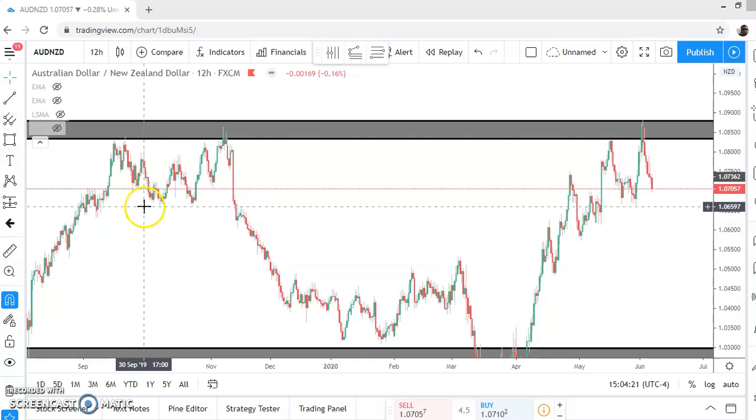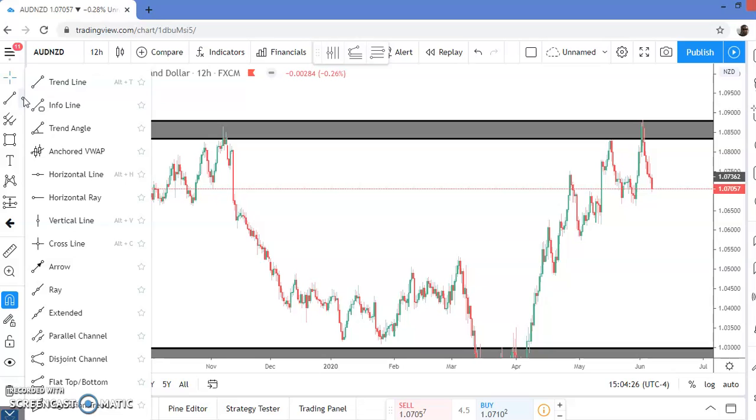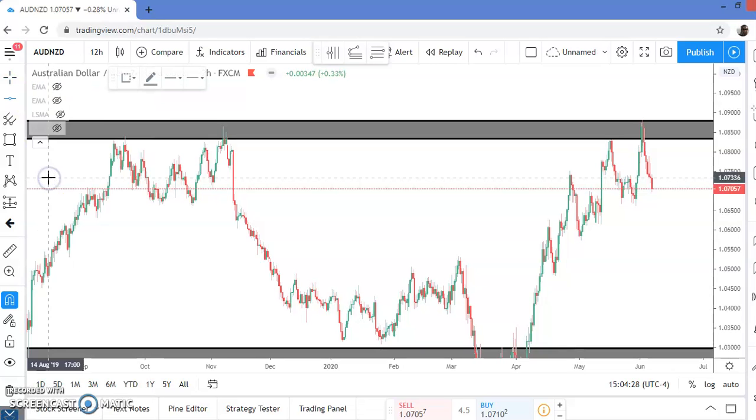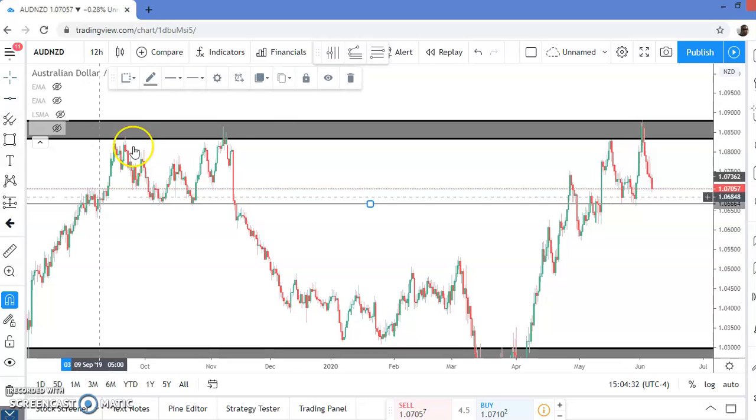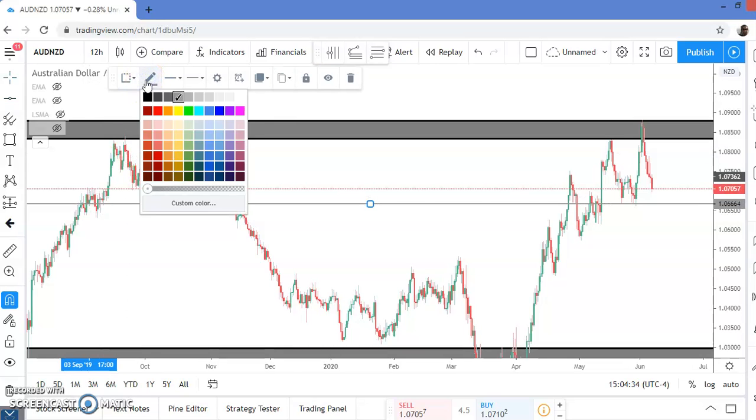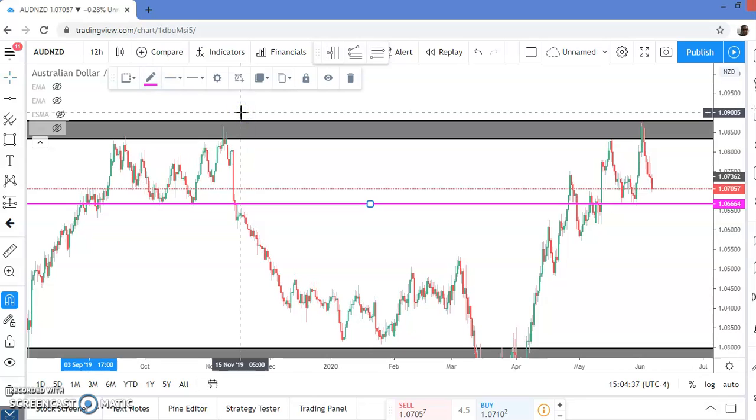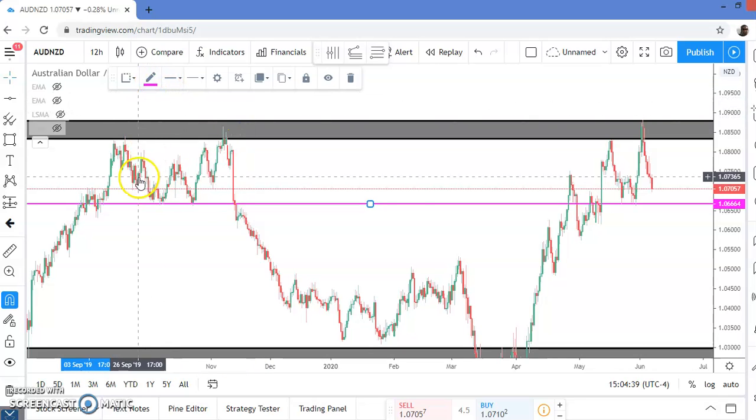So on the 12-hour time frame, I have been able to find a support level right about here. I don't like that color. Let's make it, yeah. Right about here.